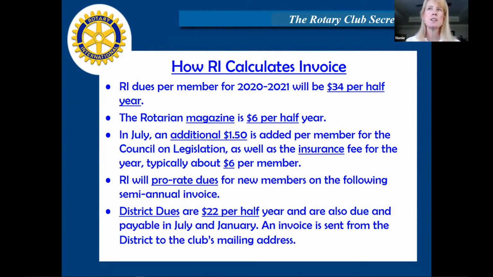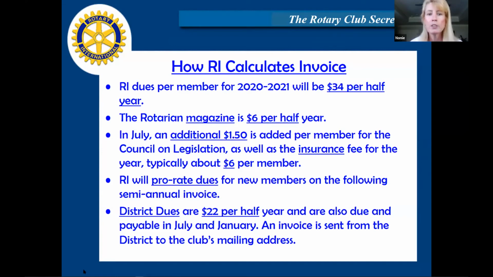The insurance fee is kind of RI's blanket protection for all of us. If we do a fundraiser and we fill out that form, or if as a club, just for meeting location, that kind of thing, to cover us, that's what our insurance is for. There is a really good spot on the Rotary.org website that explains that really well. And if somebody's more interested in that, I'll be happy to send them where to look for that.